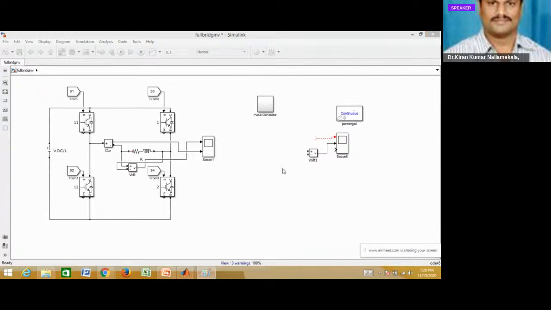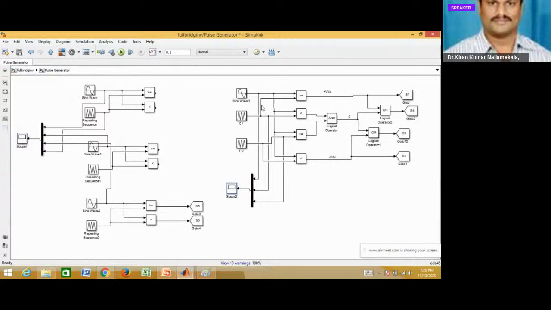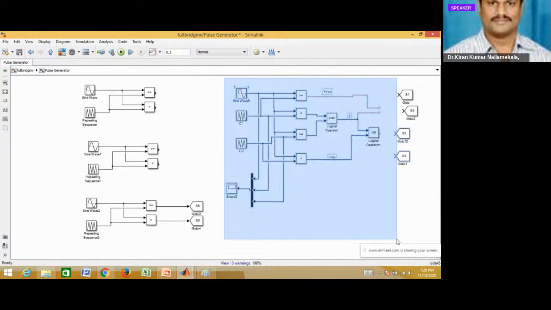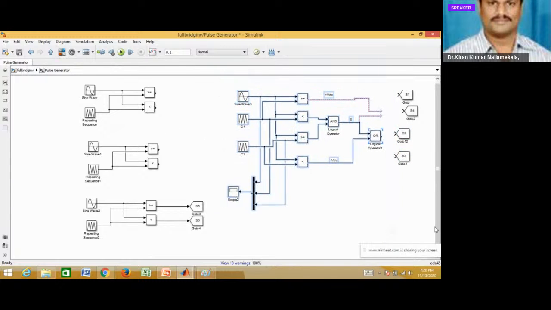Okay. Now I'll slightly change the PWM concept. Instead of generating gating signal like this, what I'll do is I'll push everything onto right side.